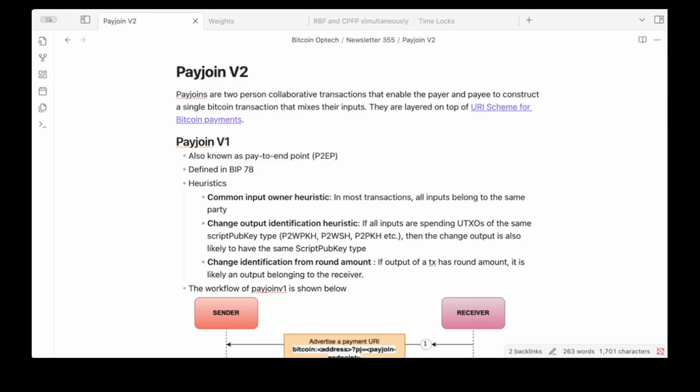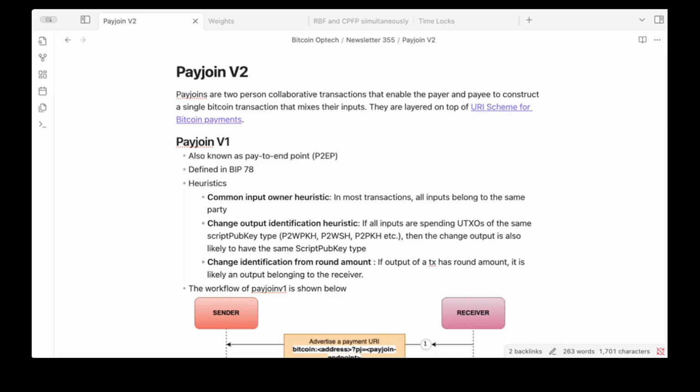heuristic or assumption that you can deduce from a standard way of constructing a transaction is the change output identification. So if we assume that all inputs are spending UTXOs from the same script pub key type, for example, it could be a pay to witness public key hash or it could be a pay to public key hash.